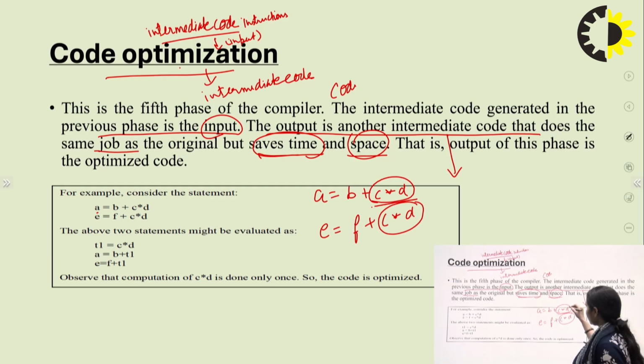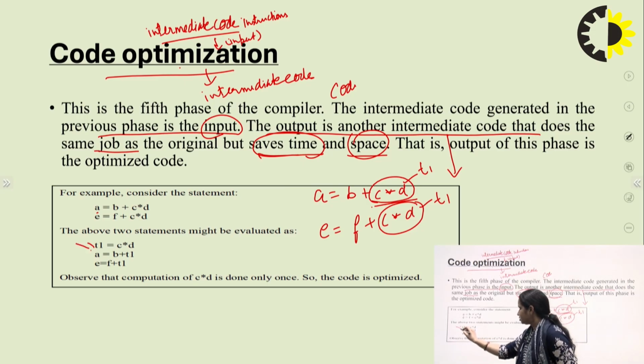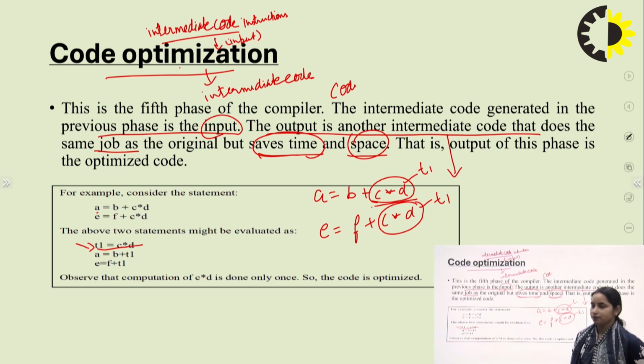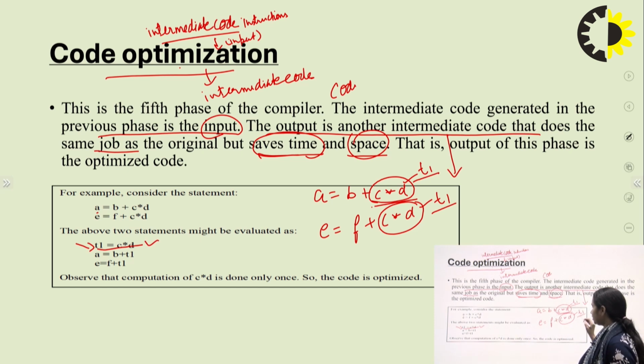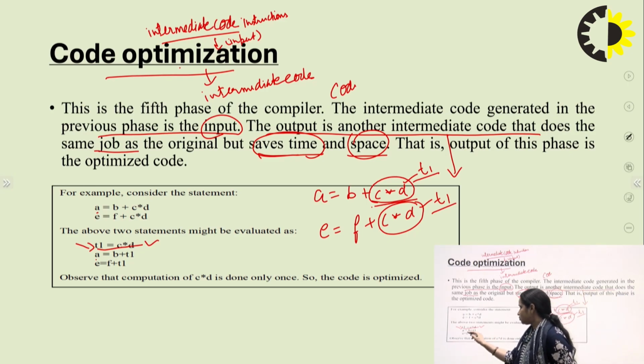If I assign a temporary register to C into D, suppose I am assigning T1 to this, then T1 is equals to C into D. So this is assigned as the temporary register T1. So now A is equals to B plus T1 and E is equals to F plus T1.